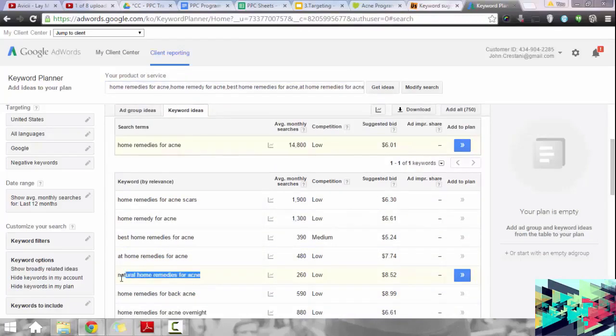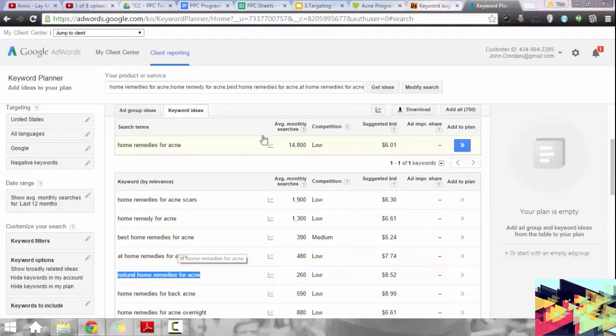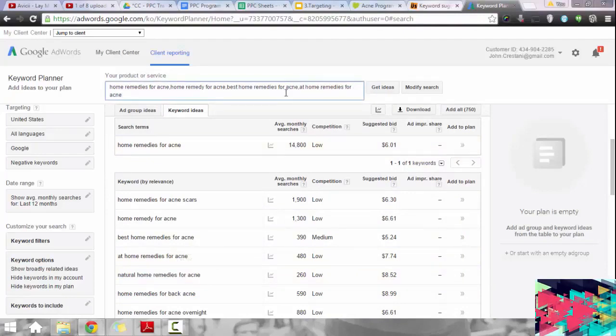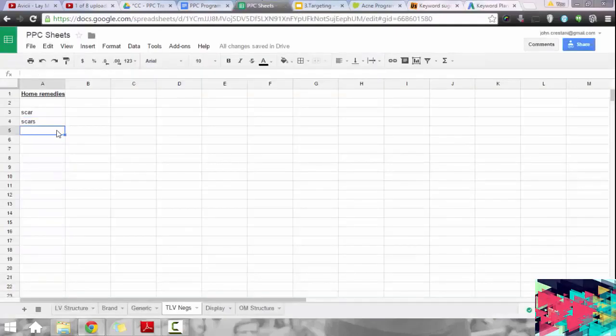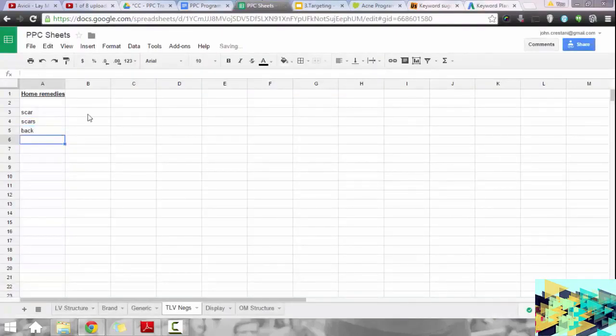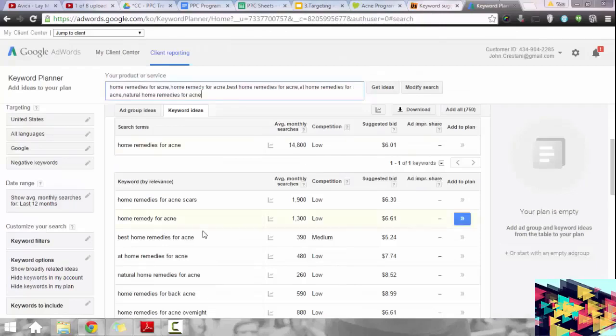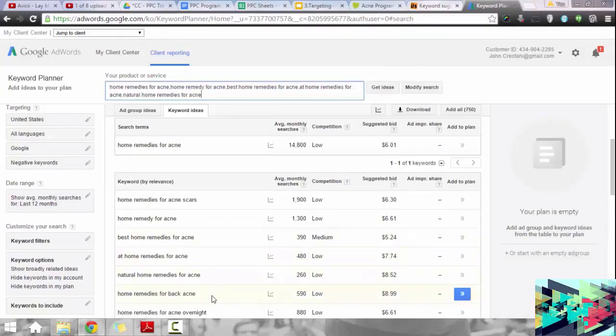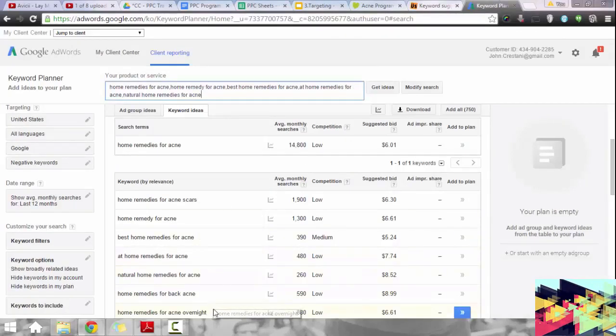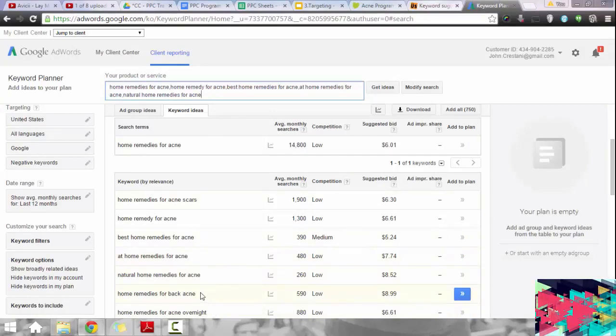Let's get rid of back. We'll talk about back acne in another ad group, which is specific to back acne. So I'm going to add back, because I want to address acne, back acne, and another thing, natural home remedies for acne.